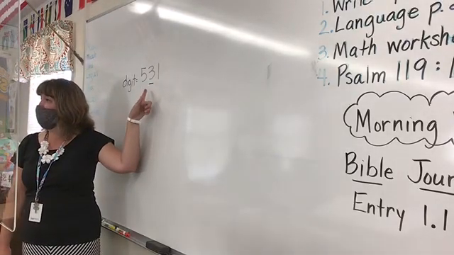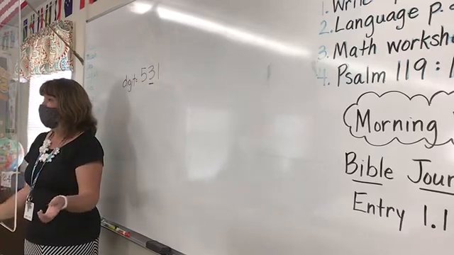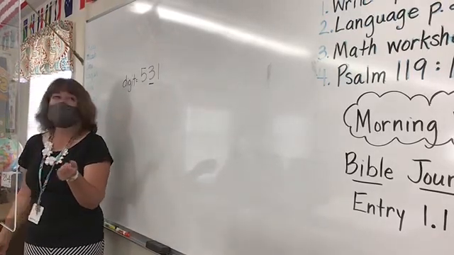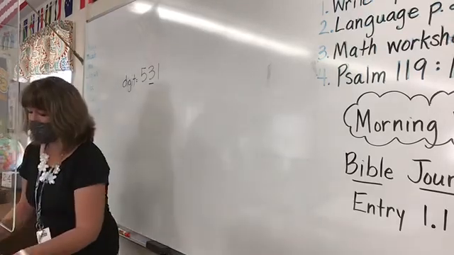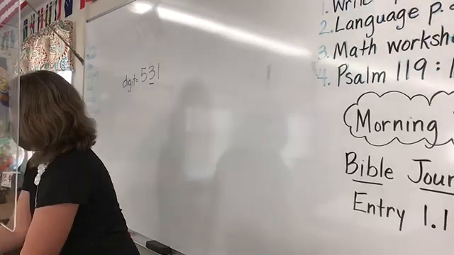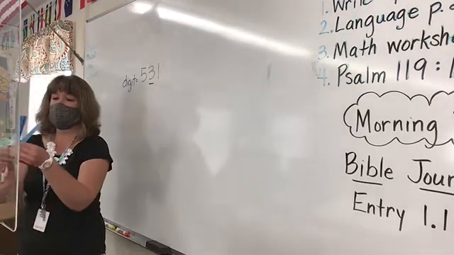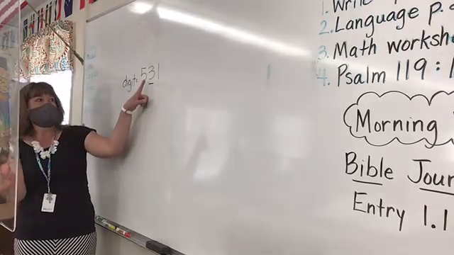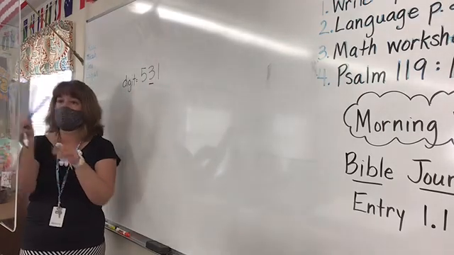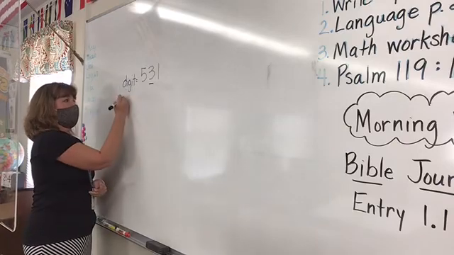If I have 3 tens, that equals 30. 10, 20, 30, right? So just like I have these. Okay, so if I have 3 tens, then here I have 30. So that would be the value.